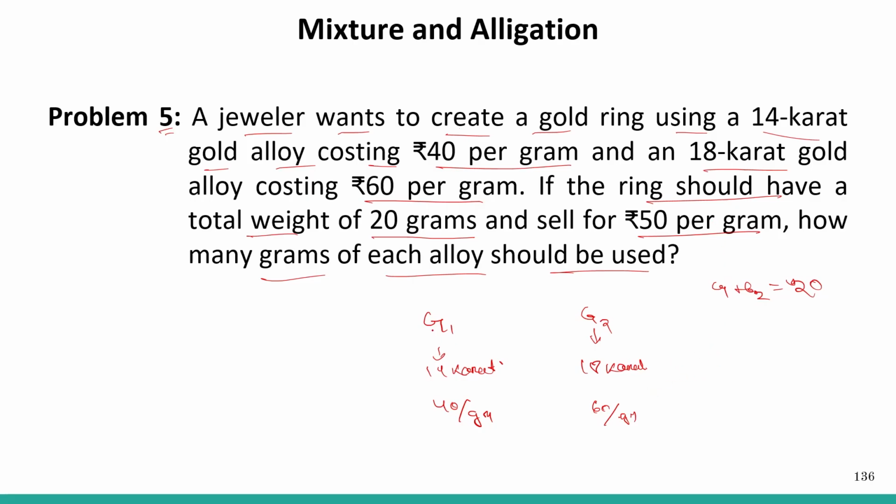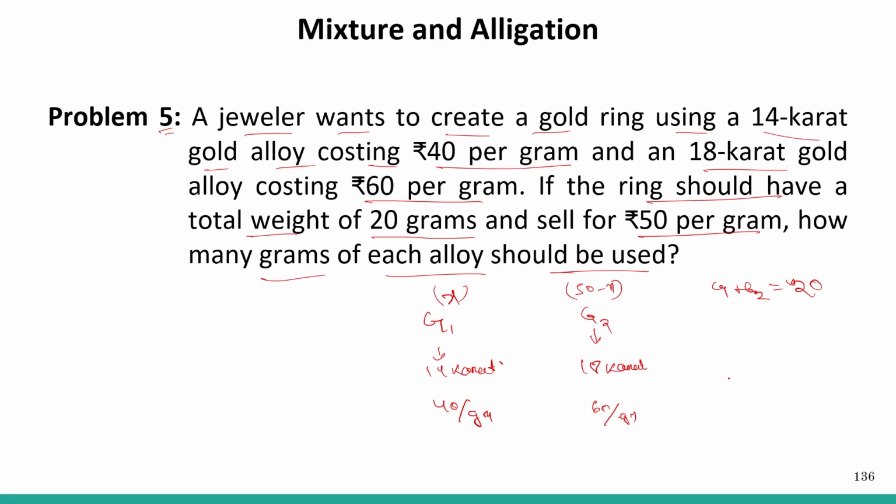So let's see. Let G1 have x amount, and the other one have 50 minus x. So how will we proceed? How many grams of each alloy should be used? We want this much pricing, right?